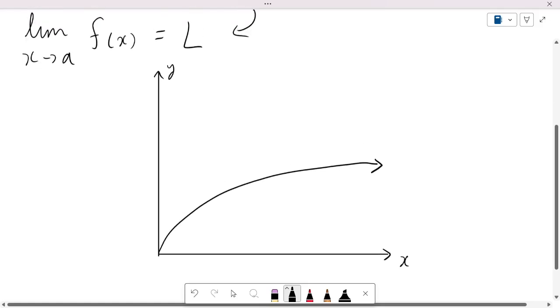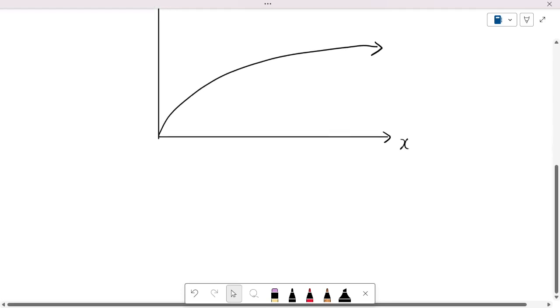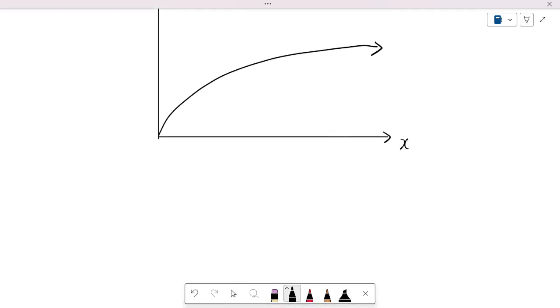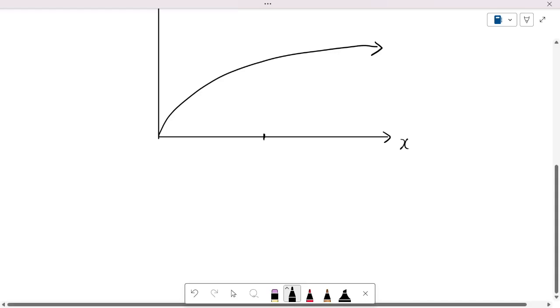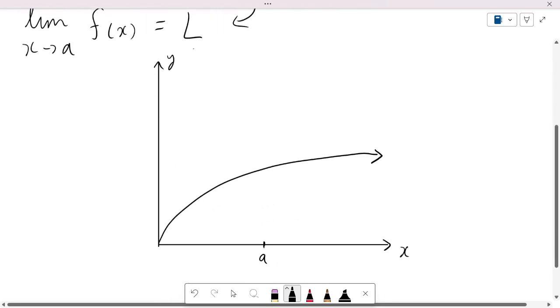So what we are saying over here, right, is we are going to consider our x approaches a, right? And we know because it's x approaches a, we're going to see that it's in the x-axis, right? So our a value would lie on the x-axis. So let's just say that our a value will be somewhere, let's say, here. Okay. And then because of that, we'll get a certain output, which is our limit value. Am I right? Yes, I am.